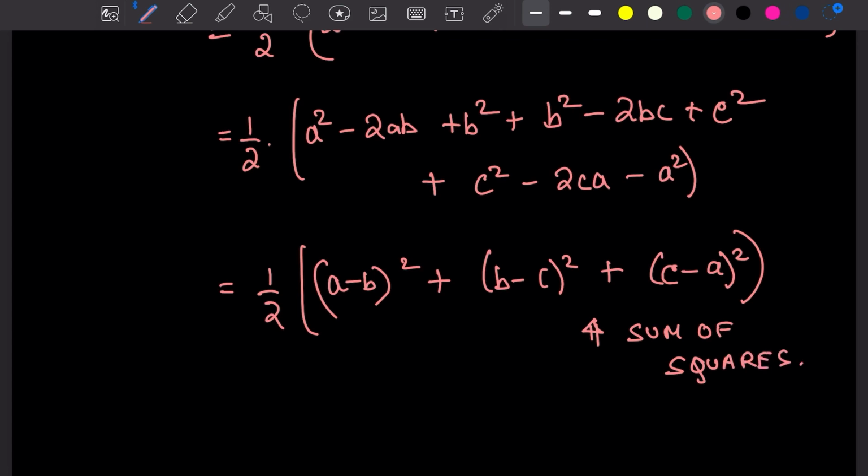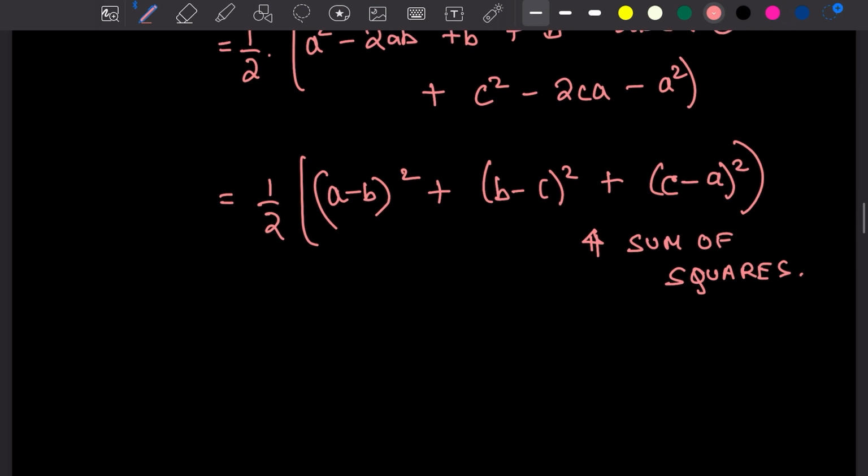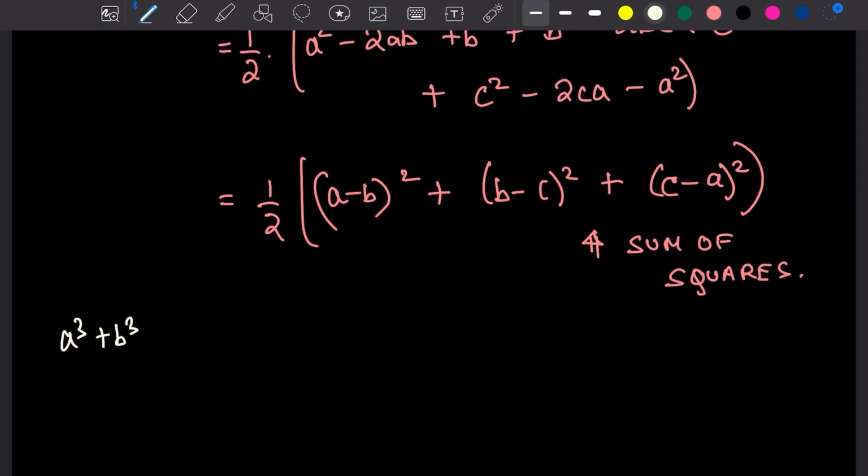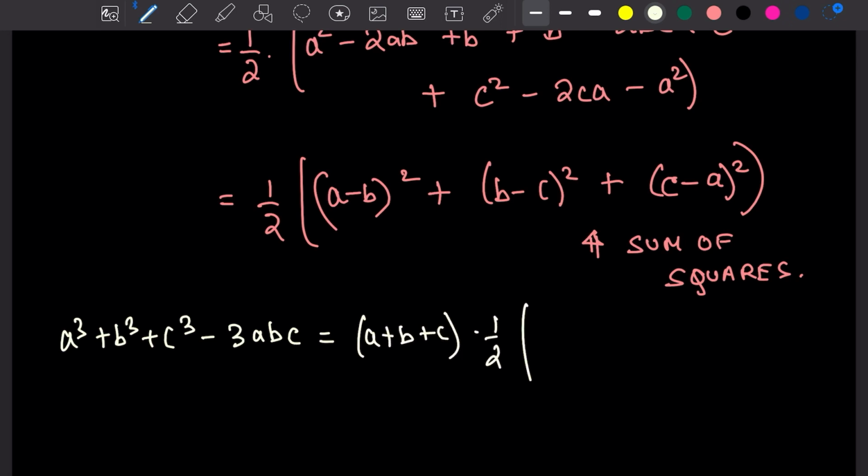So what do we have then? Well, we have a cube plus b cube plus c cube minus 3abc is equal to a plus b plus c times half times (a minus b) whole squared plus (b minus c) whole squared plus (c minus a) whole squared.